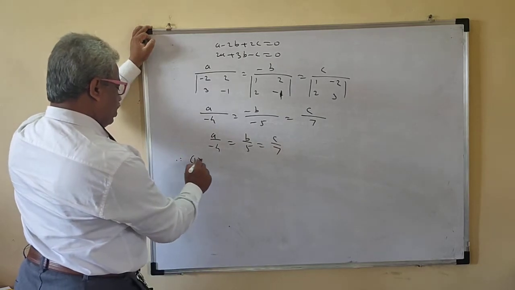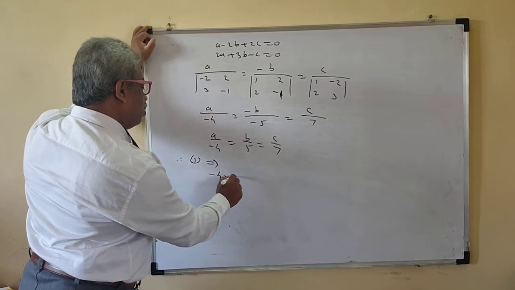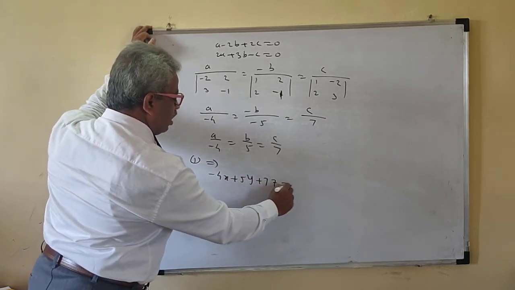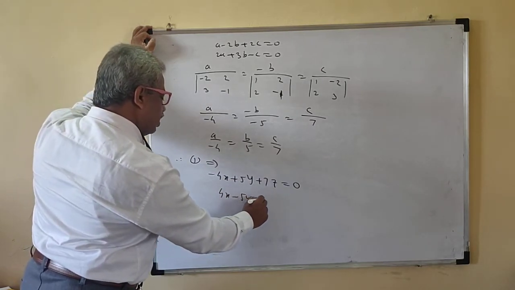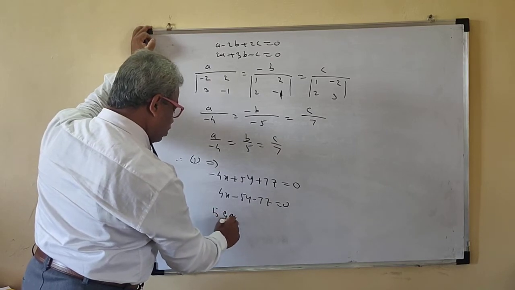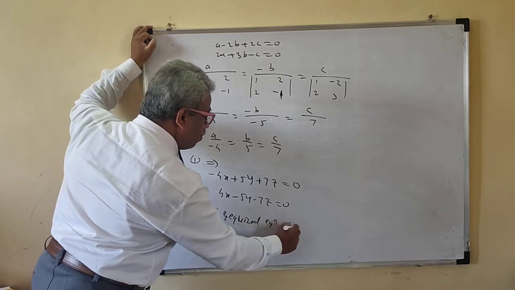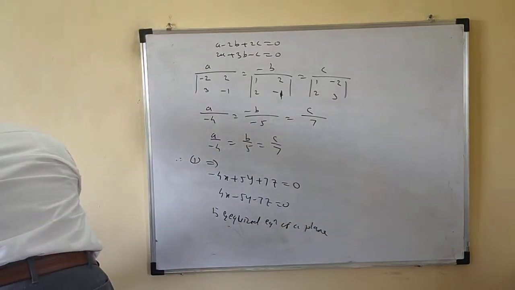Therefore A is minus 4, so minus 4x plus 5y plus 7z is equal to 0. You may change the sign: 4x minus 5y minus 7z is equal to 0 is the required equation of a plane.